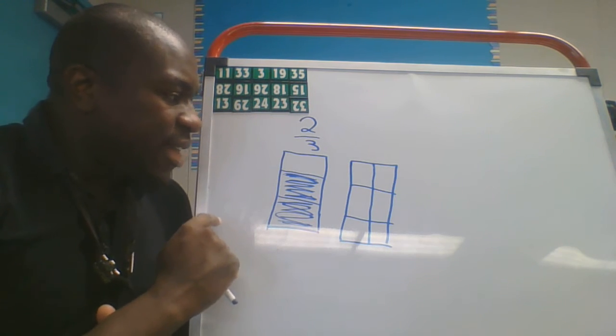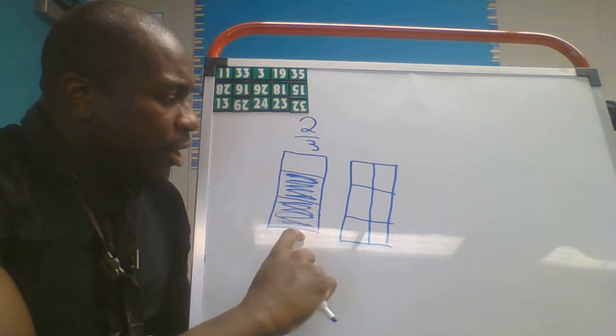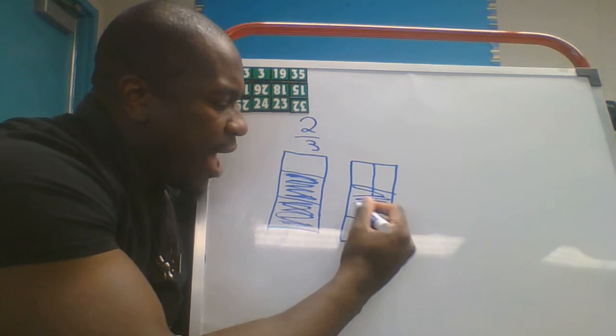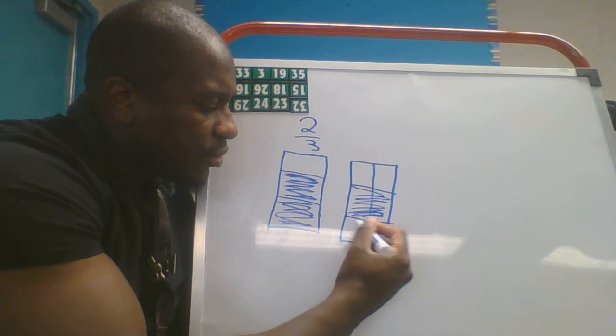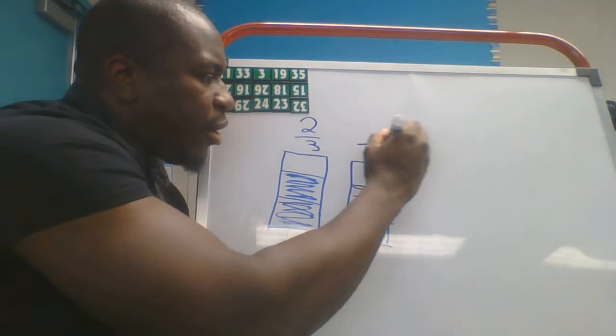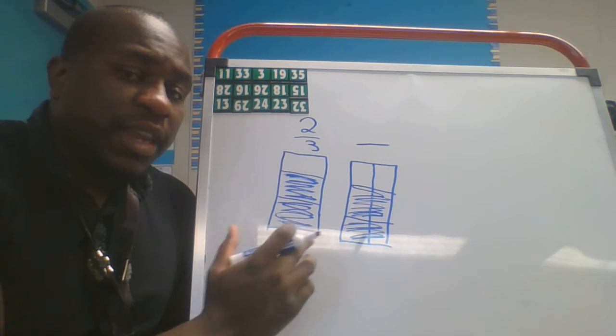And let's say I have the same 2/3 amount of my chocolate bar left. I'm just going to copy the coloring pattern that I have on the previous one. And if we go back to a minute ago, our denominator is how many pieces we need to have the whole.